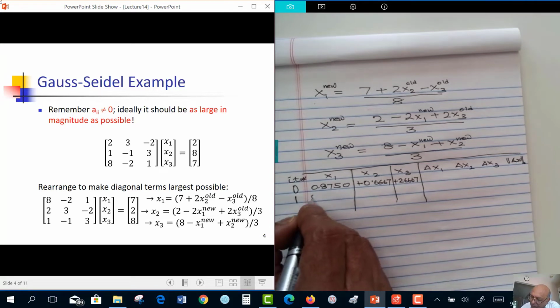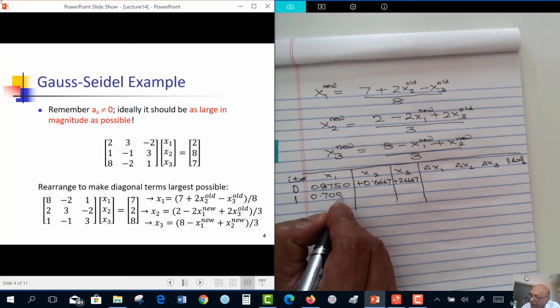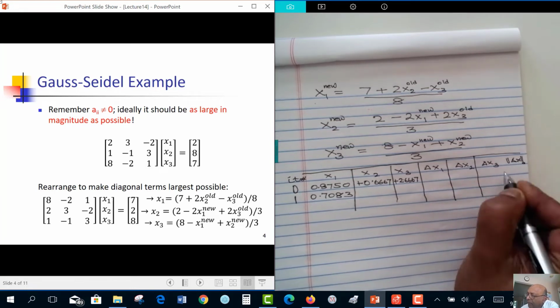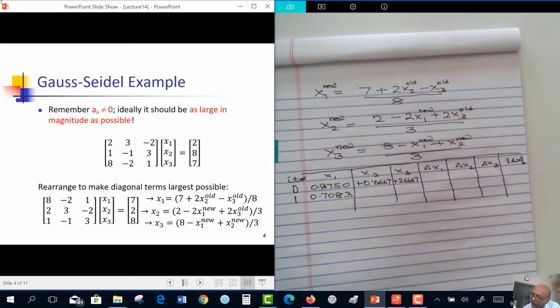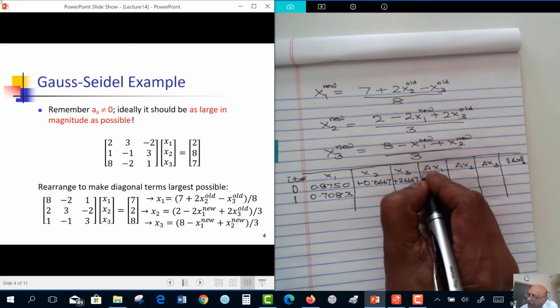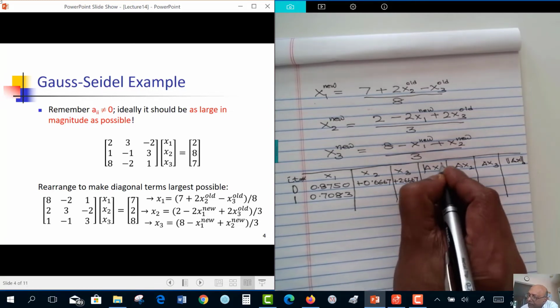So my x1 new is 0.7083. While I'm at it, I can find the difference, and I'm only interested in magnitude.